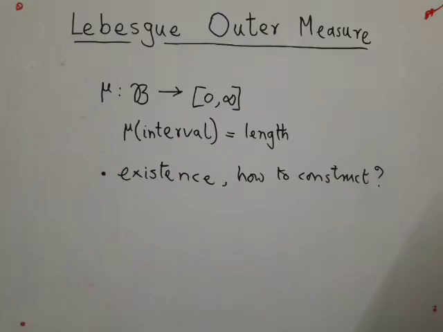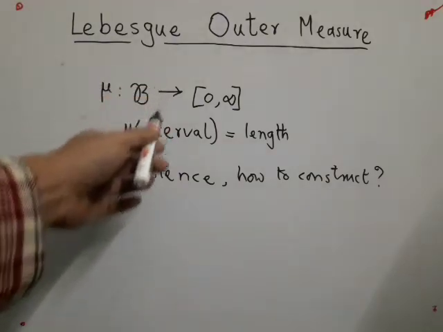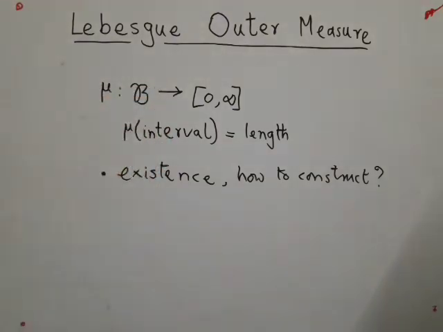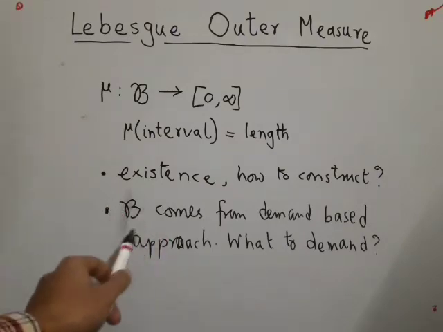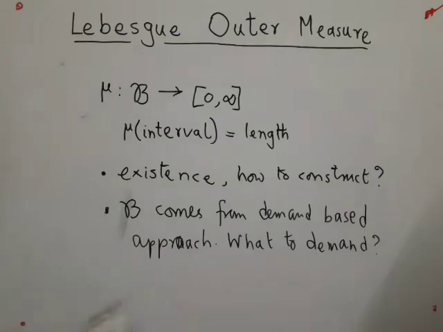And secondly, when Lebesgue started out, naturally he did not just take the Borel sigma algebra and start to define on that, because as I said, Lebesgue was approaching the problem more from the viewpoint of the supply. But the Borel sigma algebra comes from the demand-based approach. So even to define this, you have to know what to demand.